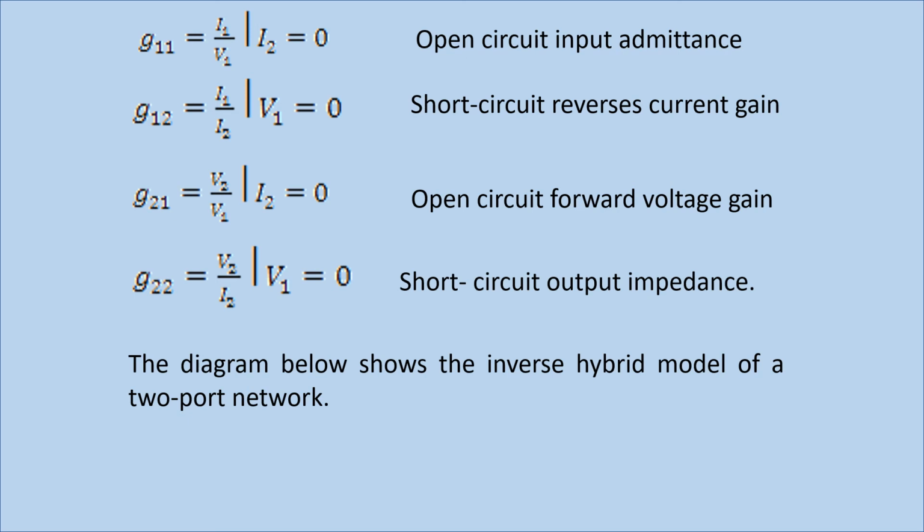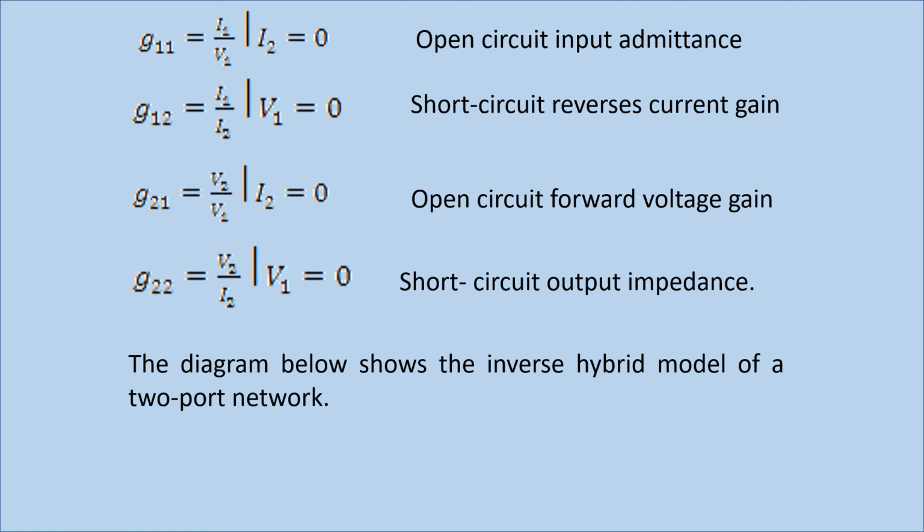Your G21 equals to V2 over V1, provided that your I2 equals to 0. G21 equals to output voltage over input voltage, provided that your output current equals to 0, and that is referred to as open circuit forward voltage gain.